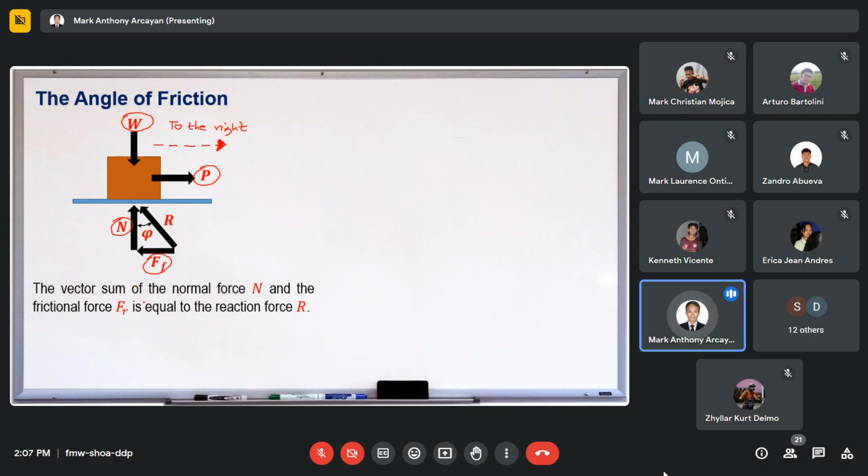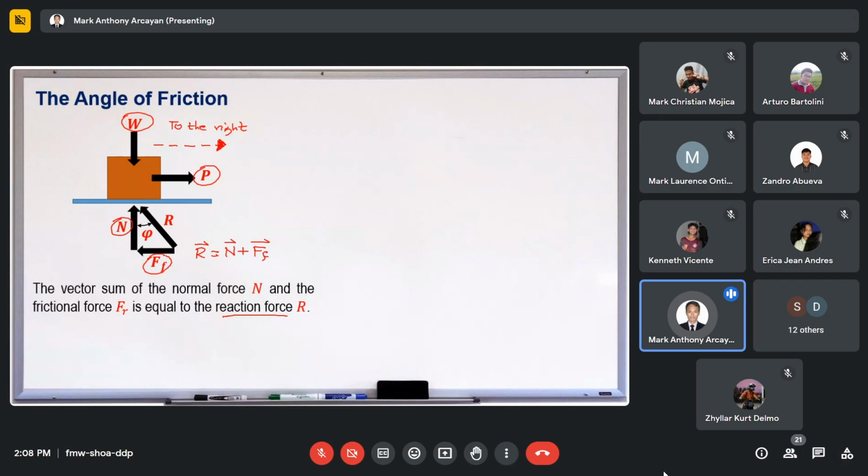The resultant vector force is known as the reaction force R. So in vector equation, the reaction force R is just equal to the sum of the normal force vector and the frictional force vector.